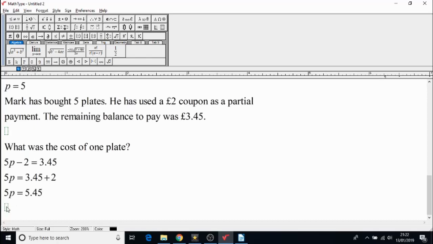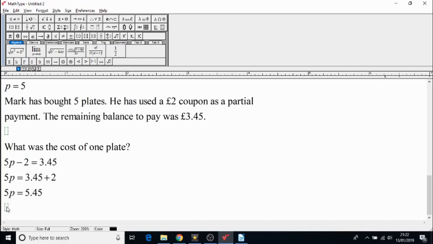Now we don't know what P is. P is how much it costs for one plate. P represents plates. There's 5 plates, but we don't know how much a plate costs. So to work out P, you want to get P on its own. So you've got 5p equal to £5.45. You want to get P on its own to work out how much it costs for one plate.